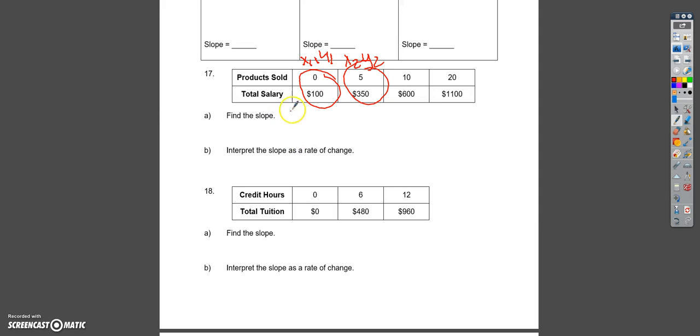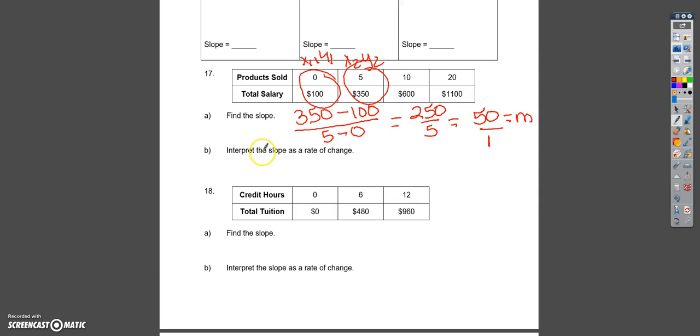So y2 would be 350 minus y1 over x2 minus x1. So that's 250 over 5, which is, I believe, 50. So my slope is 50, which would be 50 over 1.